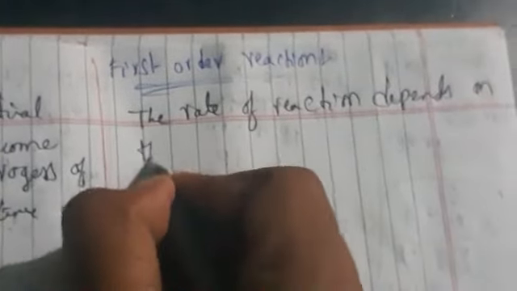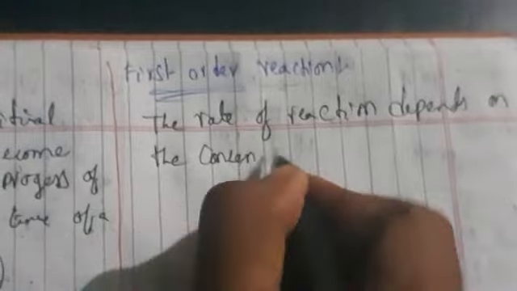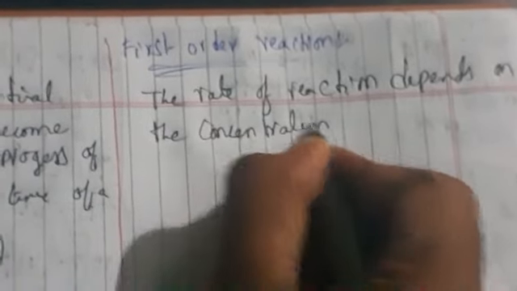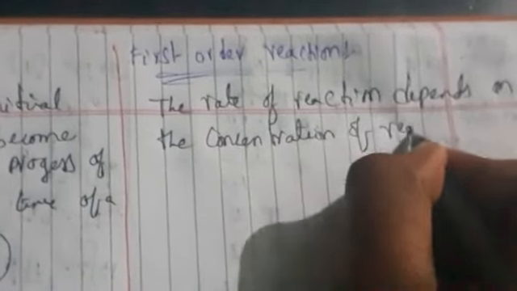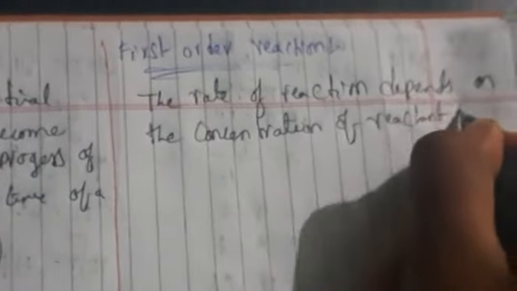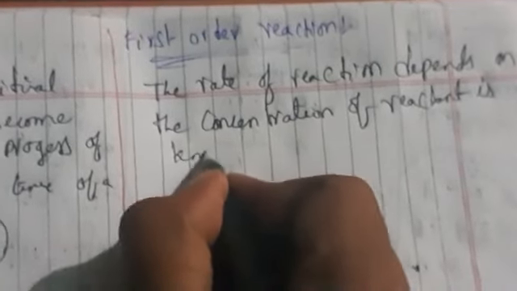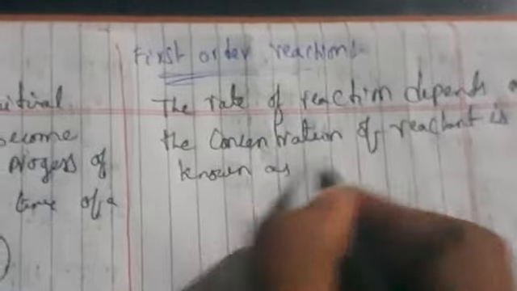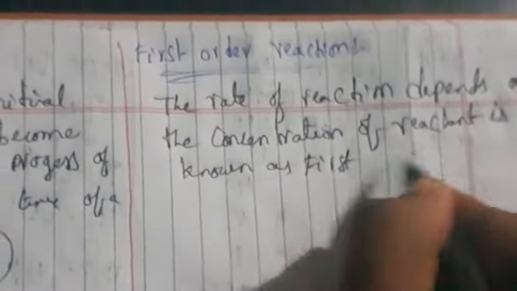So what is a first order reaction? The rate of reaction depends on the concentration of the reactant is known as a first order reaction.